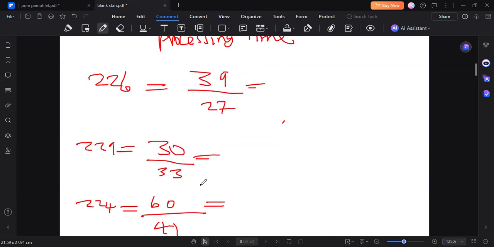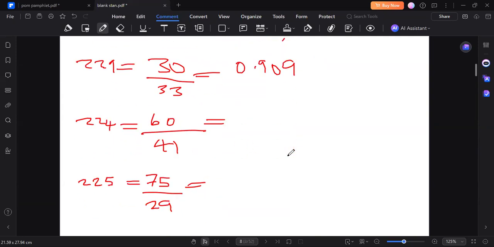So the first one gives us 39 divided by 27, 1.44. 30 divided by 33, 0.909. 60 divided by 41, 1.46. 75 divided by 29, 2.59.